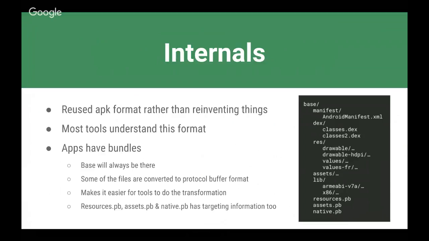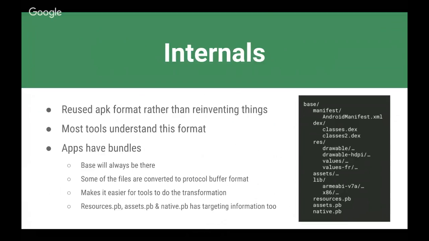Now, if you look at the internals of this, it's very similar to what you would see if you disassemble an APK. Every module in an AAB contains a manifest, dex, resources, all these general files, which contain the dex files, the resources, the drawables, values, assets. One of the major differences that you would see is resources.pb, assets.pb, and native.pb.